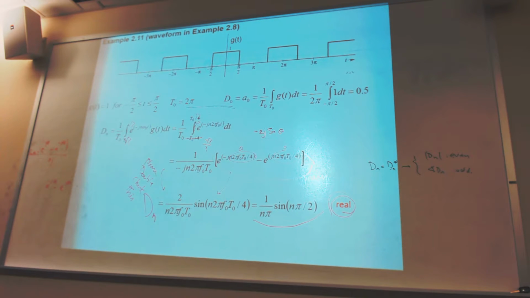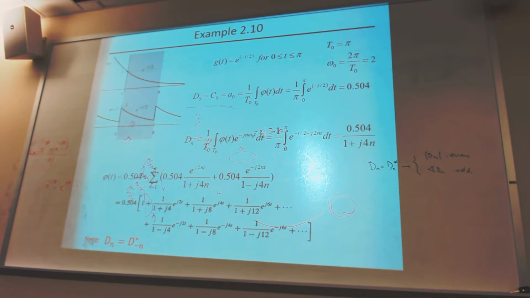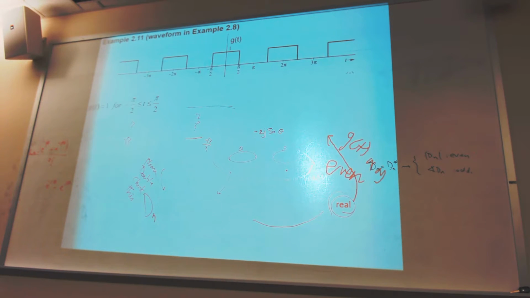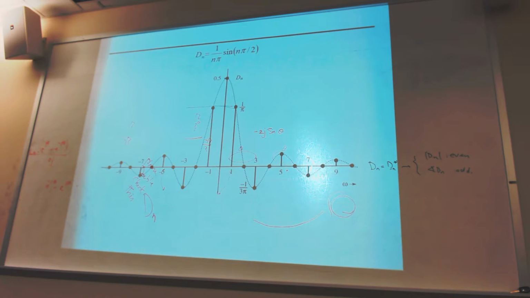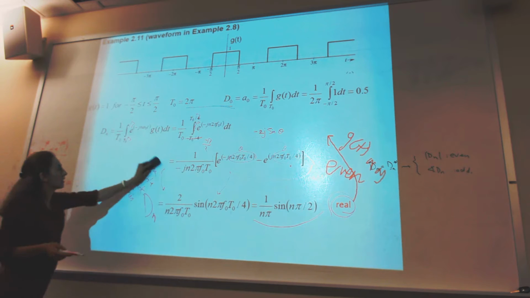So when g of t was even, I got a real D n. Remember in the other example, g of t was not even, and I got something having all j's around. But here g of t was real and even, so I got a real D n.